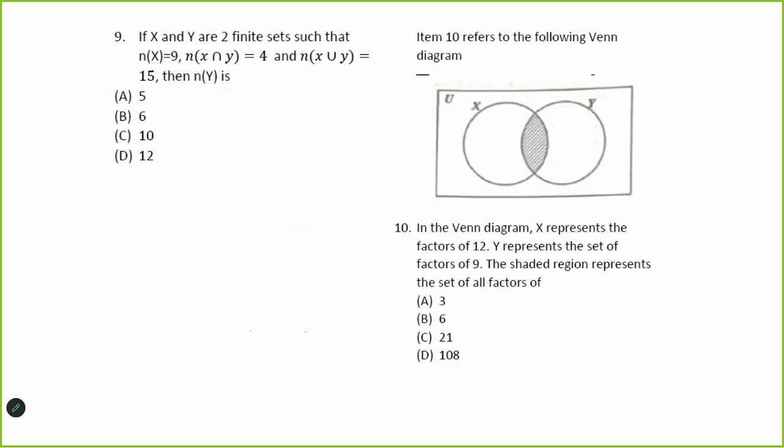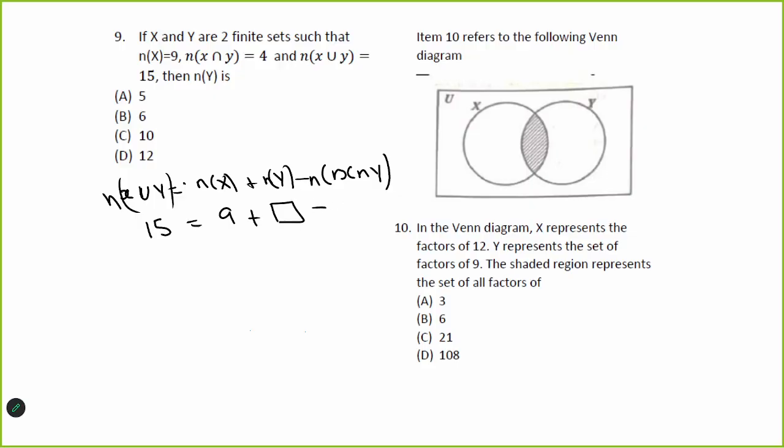Let's go back to where we reached, which is this. If the union is 15, so we know that X union Y is equal to the number of elements in X plus the number of elements in Y minus the number of elements in X intersect Y. The union is 15, which is equal to 9 plus what value, minus 4.